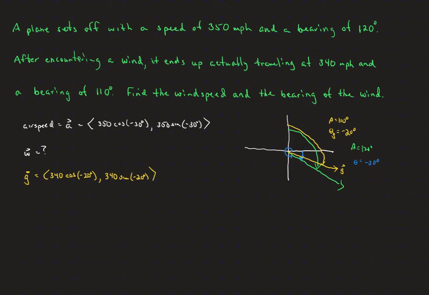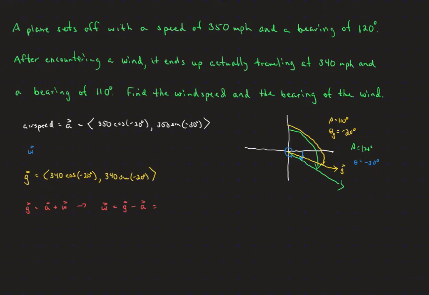Now, I'm going to let wind speed be blue. So that's the vector we're looking for, and we know always that ground speed is equal to airspeed plus the wind speed. So solving that just like an algebra problem, our wind speed is going to be the ground speed minus the airspeed.